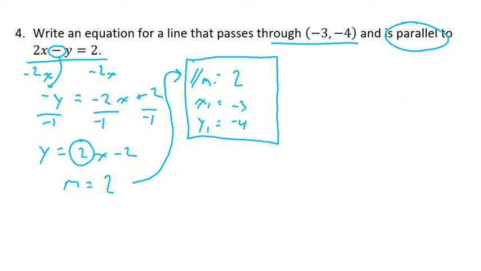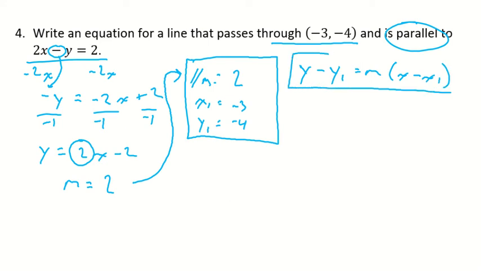And now on the right side of the box, that's where I'm going to work with the point slope form of a line. Y minus y1 equals m times x minus x1. The purpose of this form of a line is to be able to write an equation simply, because we'll have our slope and then the specific x1, y1 from that given point.